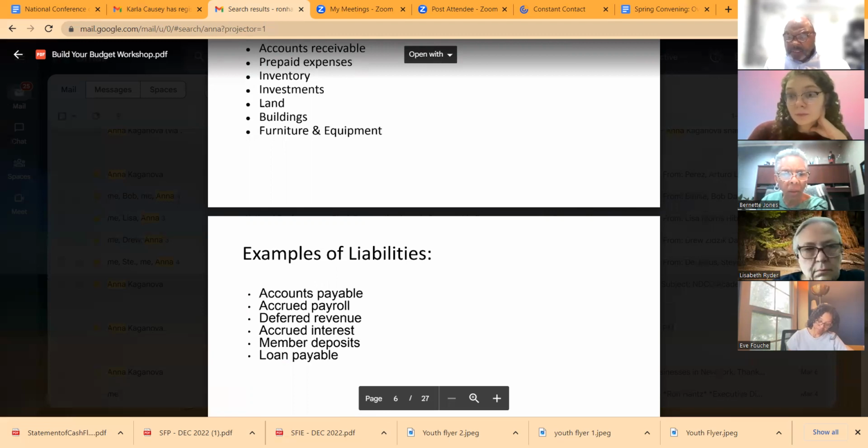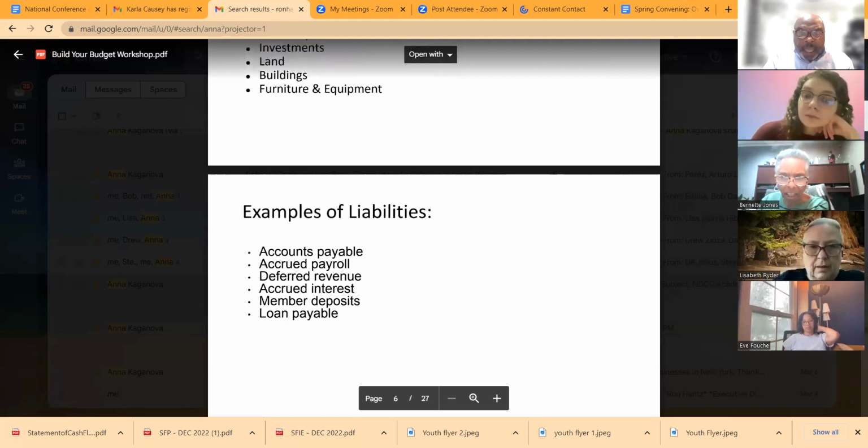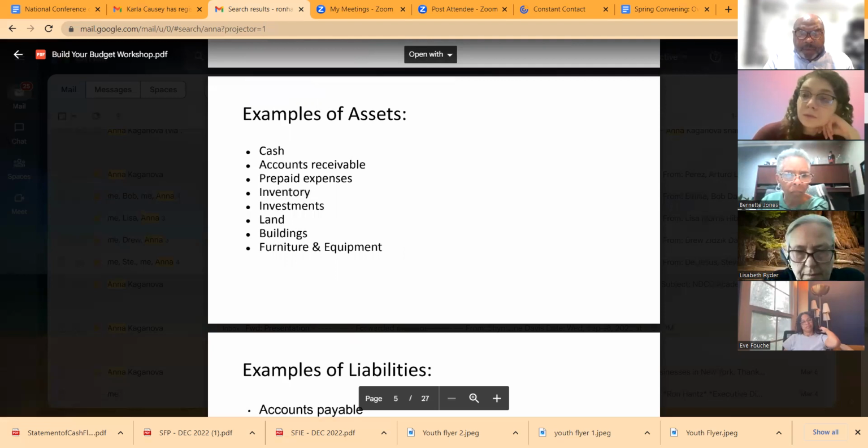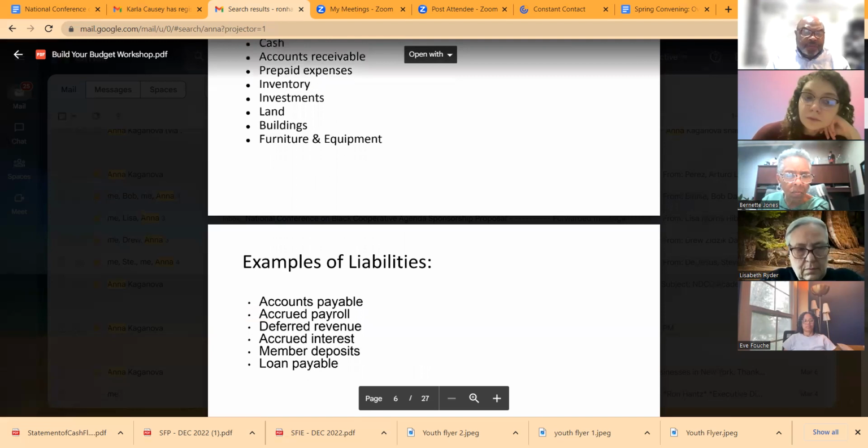No, but I have a question about member deposits. In a cooperative environment, when your members put up their money, how is that a liability? Good question. Is it because you would owe it back to them? I would see it as an asset, but I imagine that as an example of a liability, it's because it's being deposited and recorded as a member deposit.